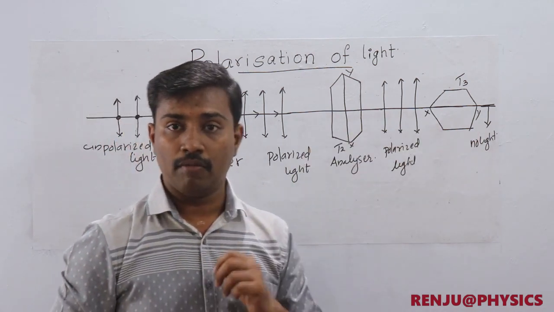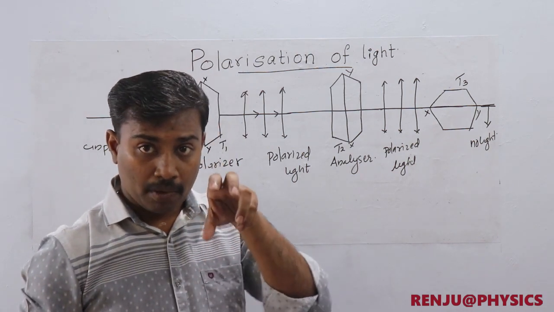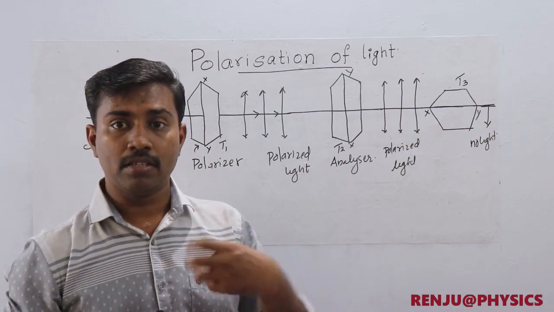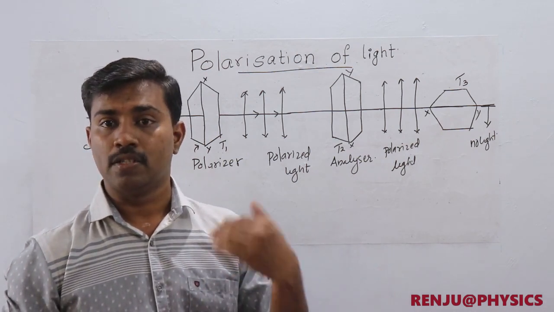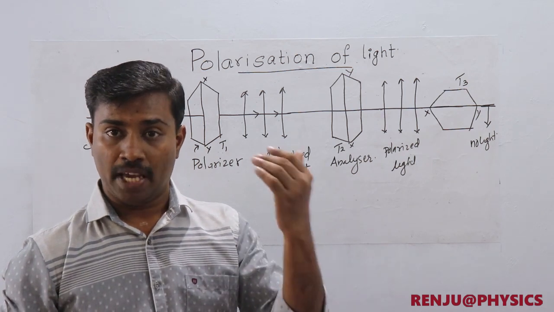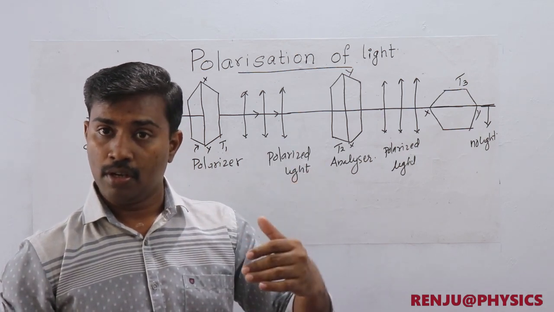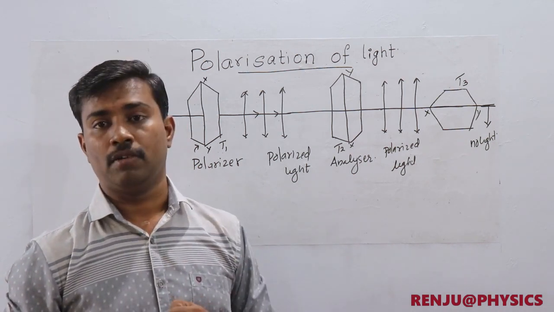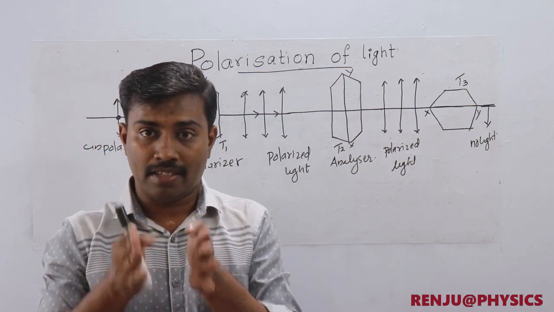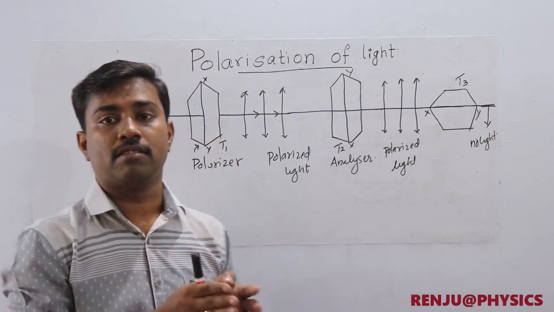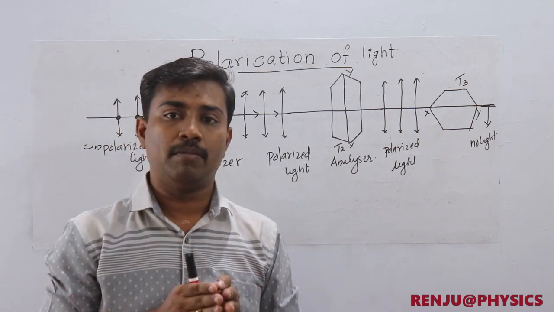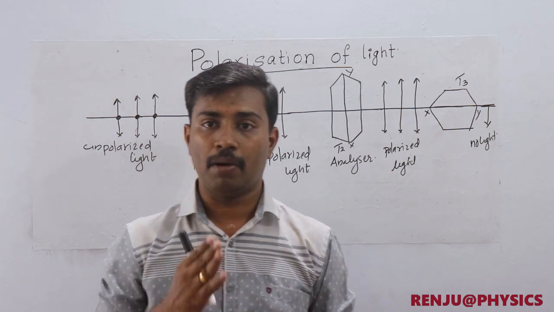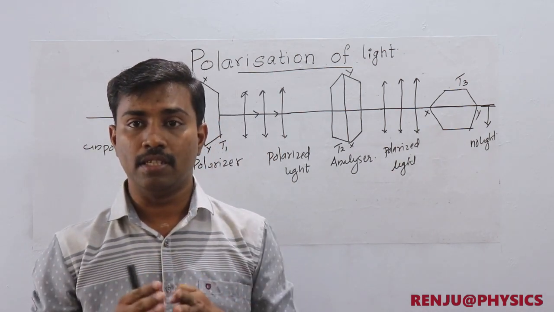So we can conclude that when an analyzer is rotated in front of a polarizer, the intensity of light coming from the analyzer varies from maximum to 0 and 0 to maximum.